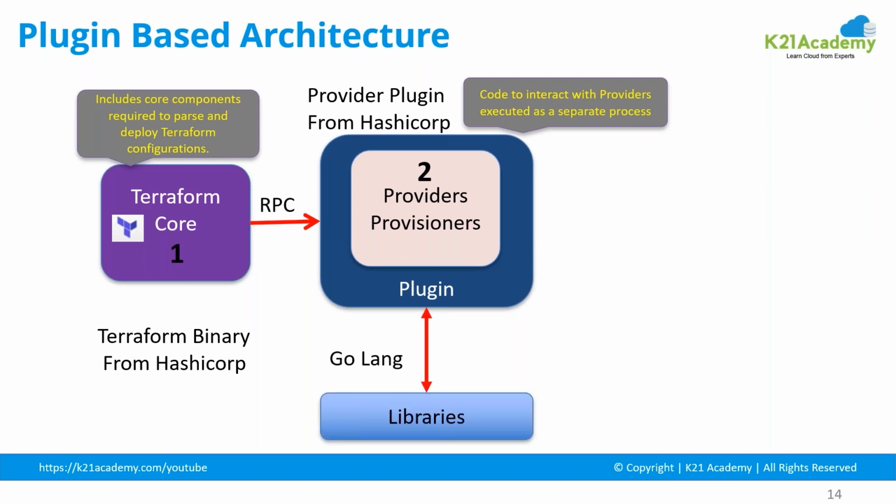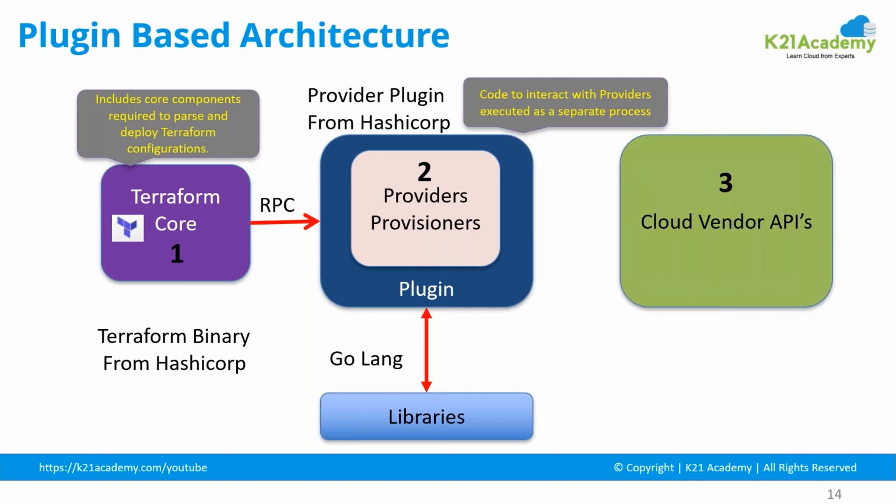Via libraries and all, these are the APIs which are available. For each and every resource in the cloud provider, the corresponding APIs are available, which are created and maintained by the cloud provider itself. Now your entire Terraform works on this API.